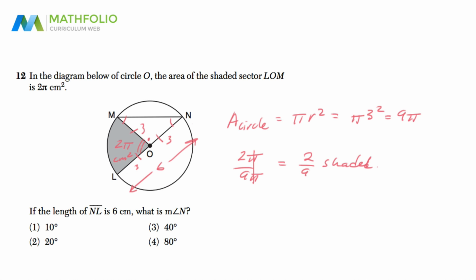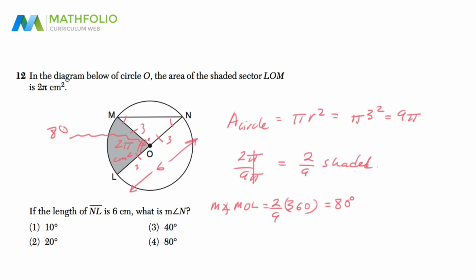So if 2/9 are shaded, then the measure of angle MOL is 2/9 of 360. So if we multiply 2/9 of 360 degrees, well, 360 divided by 9 is 40, and then times 2 is 80. So 80 degrees is this angle right here.